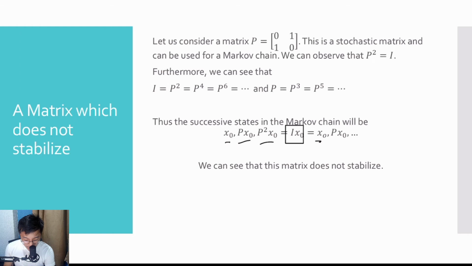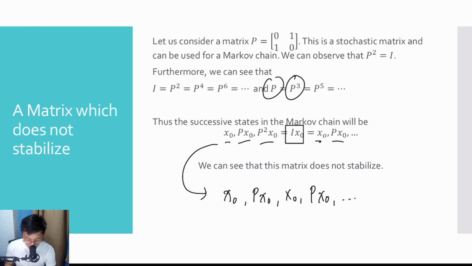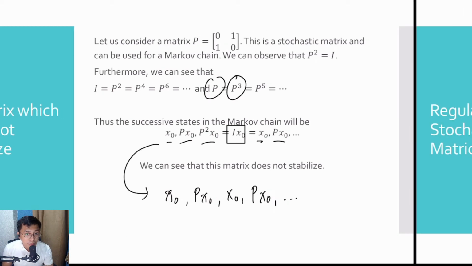Next, this is supposed to be P cubed x sub 0, but P cubed we know is the same as P. So what happened here? We get x sub 0, then Px sub 0, then x sub 0 again, then Px sub 0 again. So it doesn't stabilize. It oscillates from x sub 0 to Px sub 0 to x sub 0 again, and then to Px sub 0 again. So this is one type of matrix which does not stabilize.